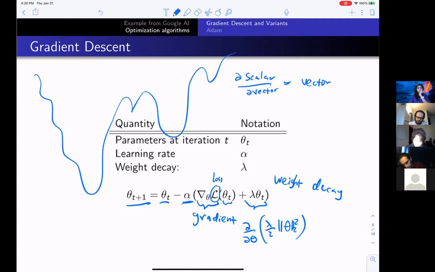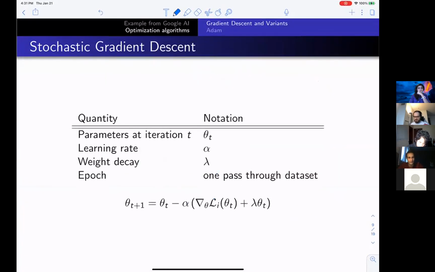And at each point that you are at, you calculate the gradient and you go in the gradient direction. So this is the simplest optimization problem. And there's a little bit of extra modifications that people make in practice, which were shown to be empirically beneficial.